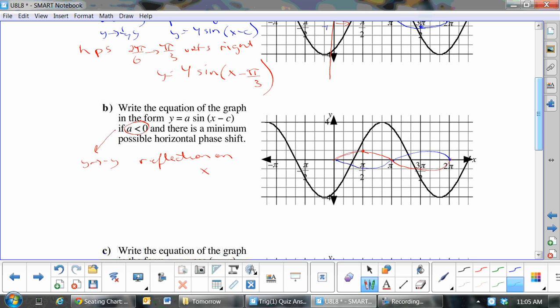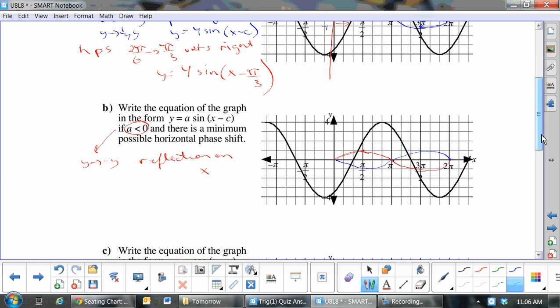Okay. Now, what should we do next? I've got to make it look like that black curve there. What did you do next, guys, to start making it look like that? I did the reflection. What kind of stretch? How much?